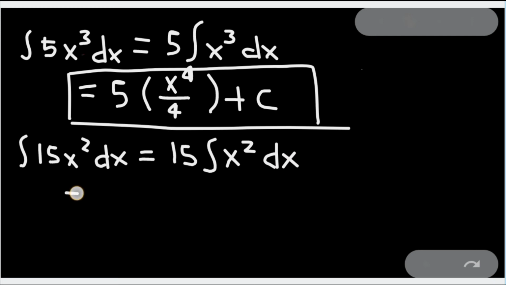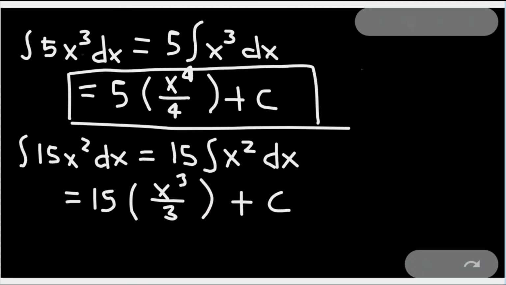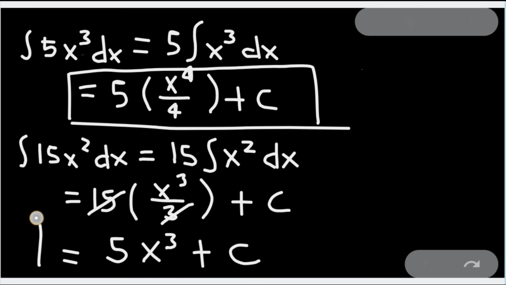So we have 15 times x raised to 2 plus 1 is 3, over 3, plus c. Since we can simplify it, what we have now is 5x cubed plus c. So this is our final answer.